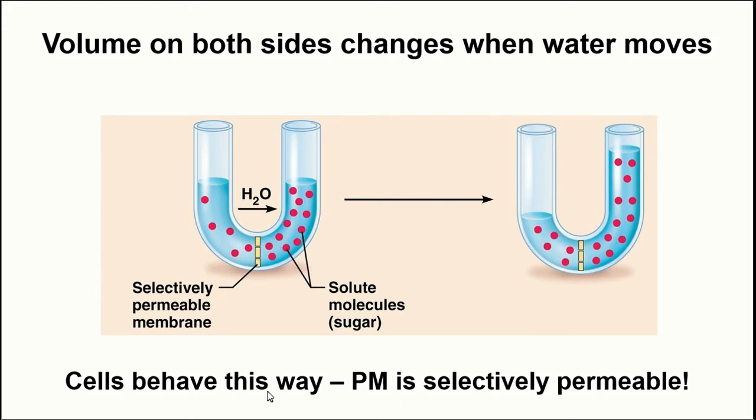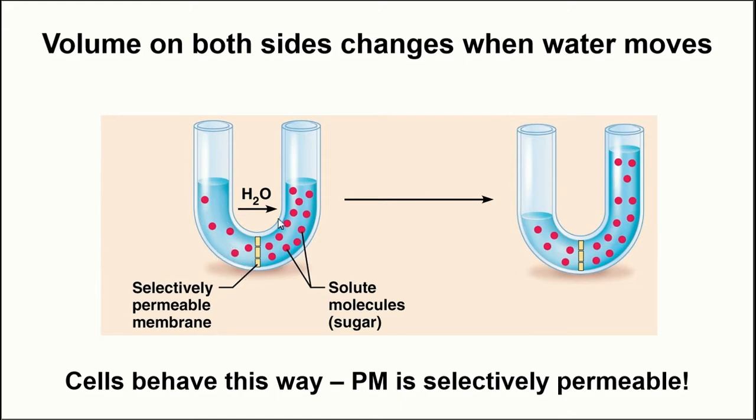And as I mentioned, this is pretty analogous to the way that cells behave. This is actually just another example. This one's straight out of the textbook, but it is just a different way of looking at the two vessels situation or simulation that I had set up in the previous slides. So we've got this U-shaped channel here.